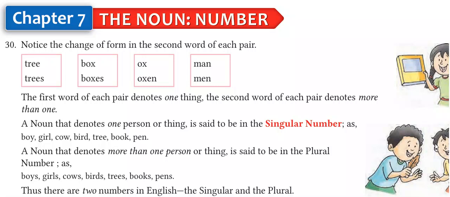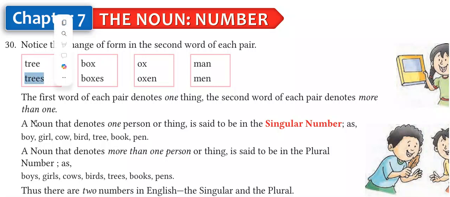Sometimes we are talking about one thing and other times we may talk about two or more things. Whenever we are mentioning any one thing, we are talking about singular number. For example, tree here shows only one. But if I say trees, it shows two or more.